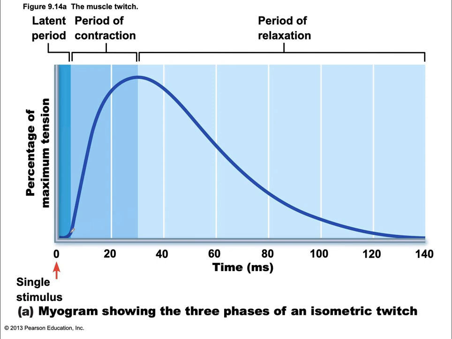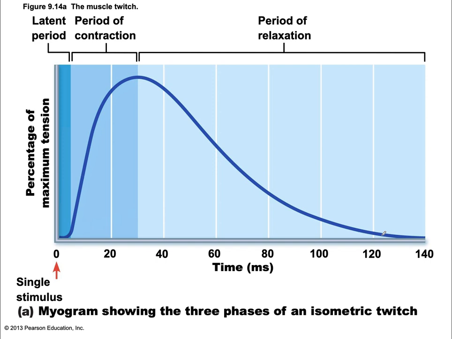This is something that you see in a lab experimental setting. But what will happen here is you can generate a stimulus like an electric current through a muscle that you've dissected out, and then you'll have the latent period, the contraction period, where we're generating the tension, and then the muscle will slowly relax, and that is what we call a simple twitch.